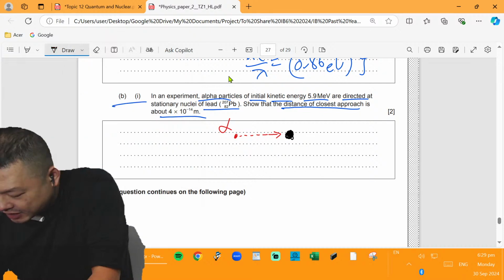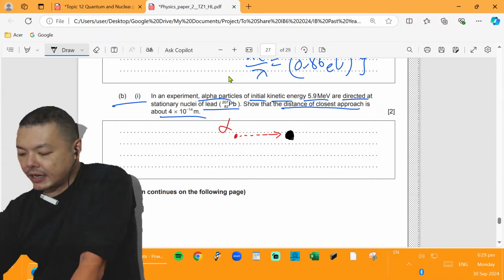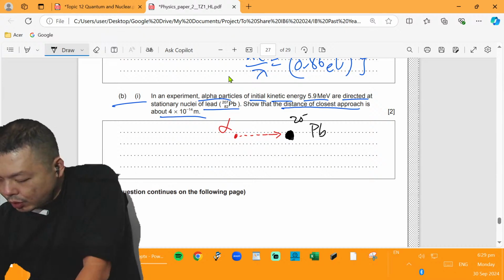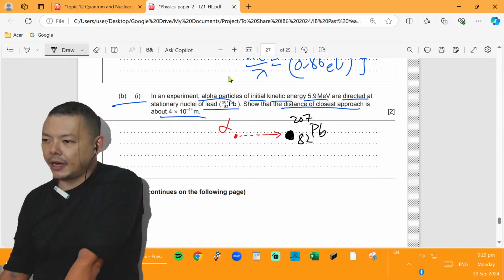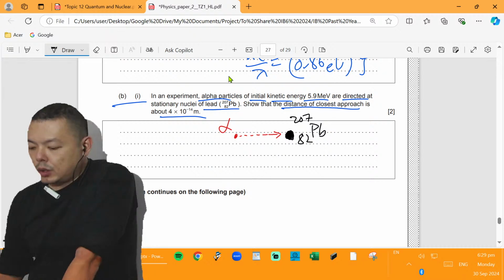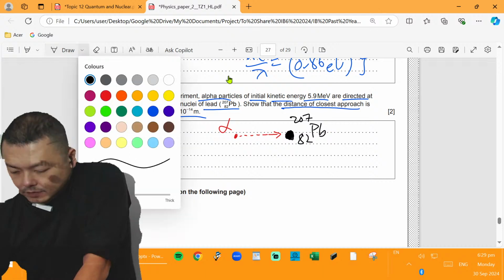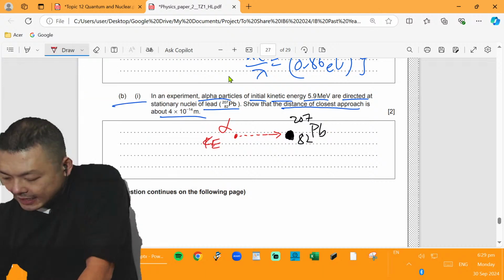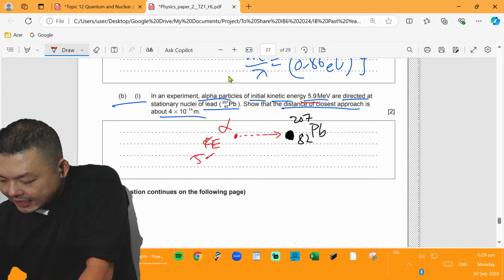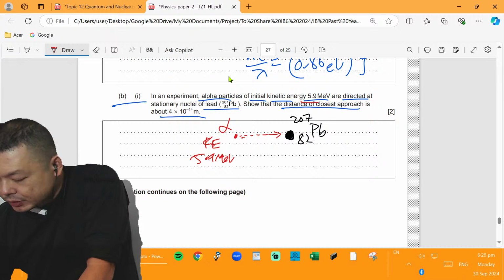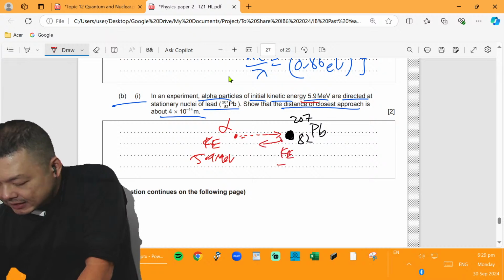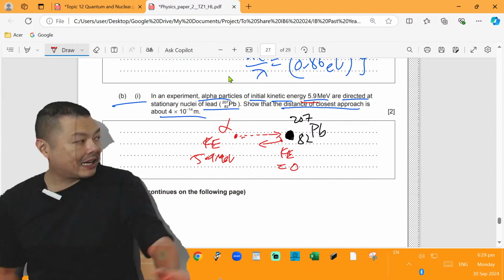The lead Pb-207, 82. The alpha particle had an initial KE of 5.9 MeV, and then it goes to a closest approach and U-turns. So what is the KE there? 0.